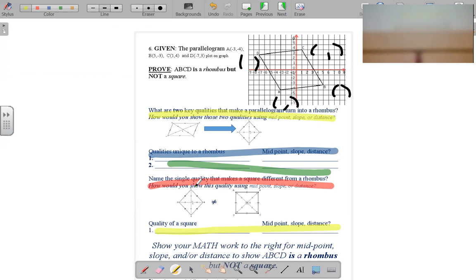Math has meaning. So you use... Show your map, look to the right.